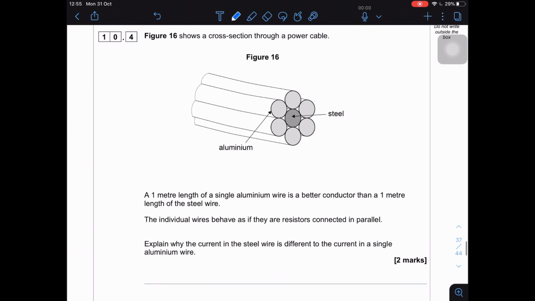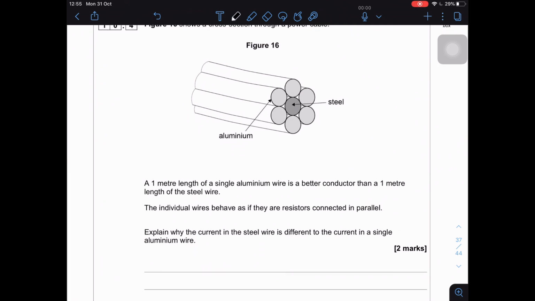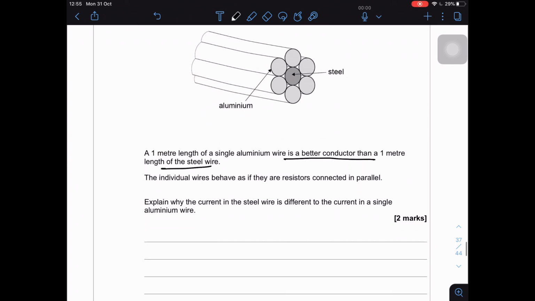All right, now this is a cross section of a power cable. A 1 meter length of a single aluminum wire is better than a 1 meter length of steel wire. The individual wires behave as if they are resistors connected in parallel.